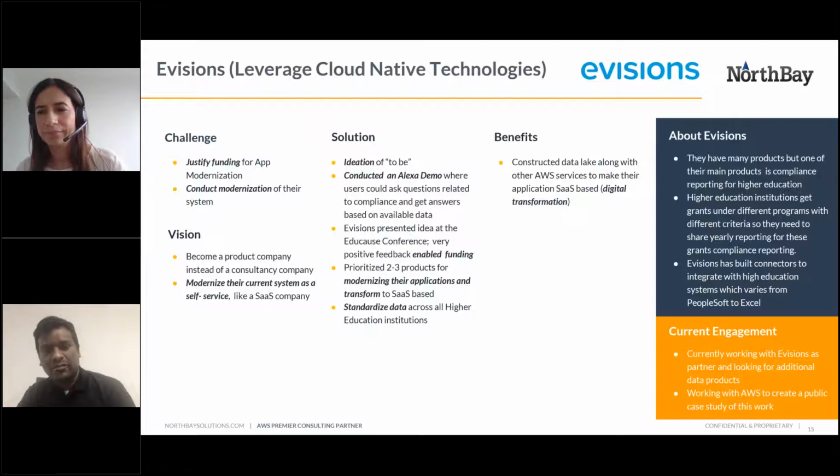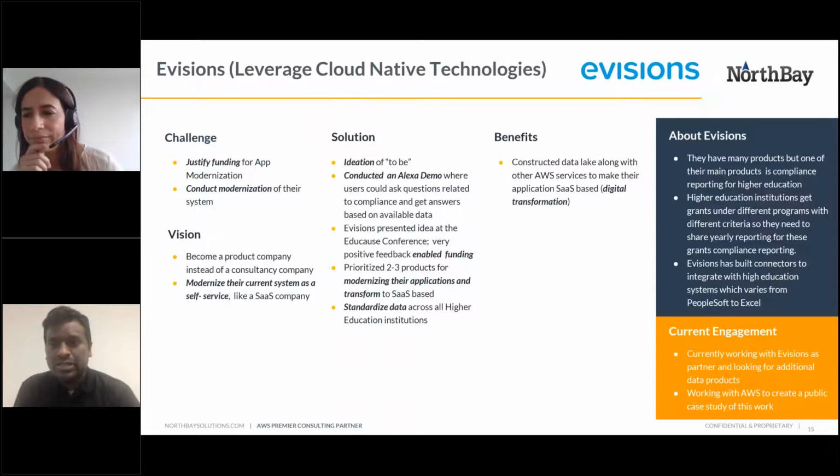This is exactly where it's come from, because a lot of times, when we were talking to this company, what they said is a lot of the institutions are not even aware that they can qualify for so many grants.